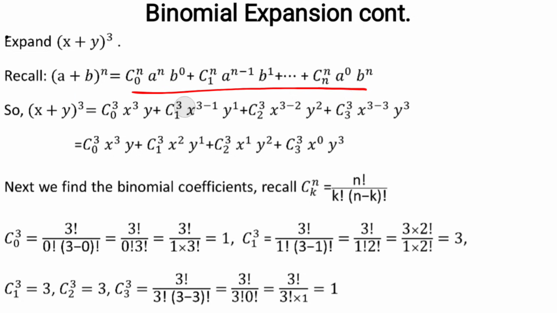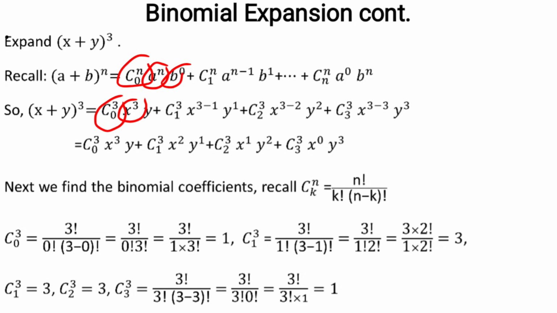So look, we had n combination 0, n is 3, so we have 3 combination 0. x is a raised to the highest power, which is 3, so x raised to power 3, and y raised to power 0. So there's y raised to power 0 here, so there's a mistake here, right? There's y to the power 0, not just y. And then 3 combination 1, and x starts reducing by 1, y is now raised to power 1, right?